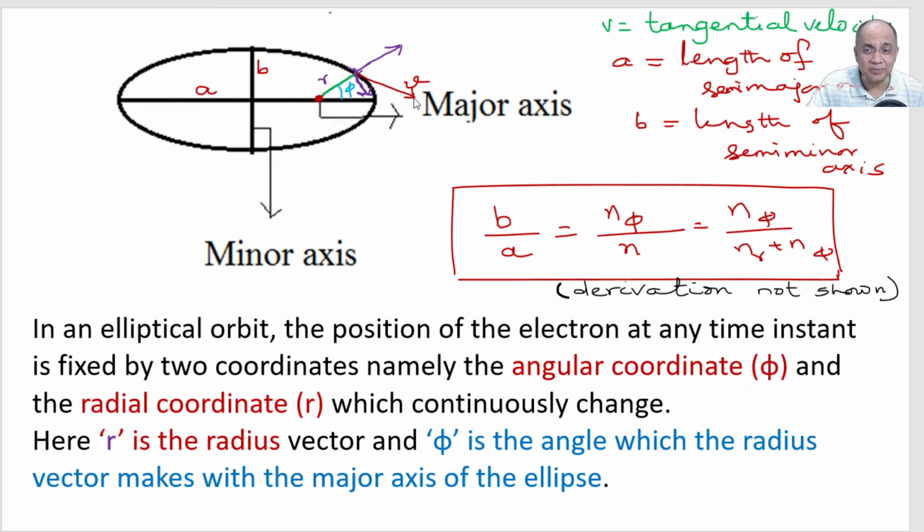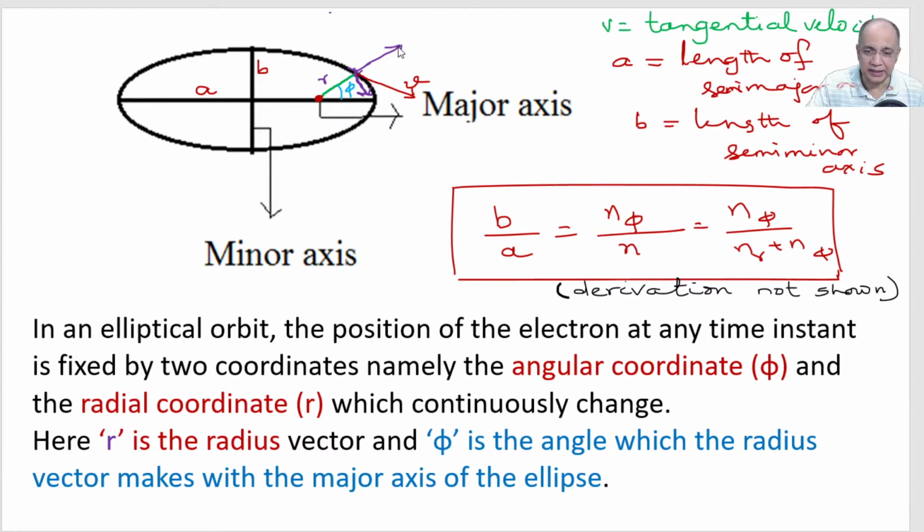So this vector is resolved into two components, one in the direction of the radius vector, and another component which is perpendicular to this component.